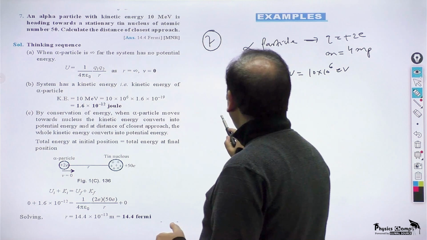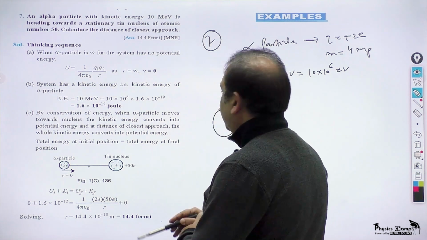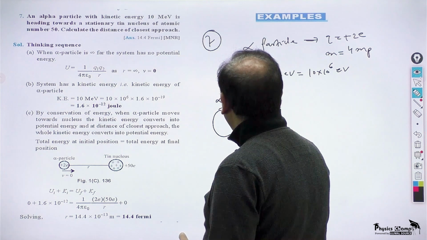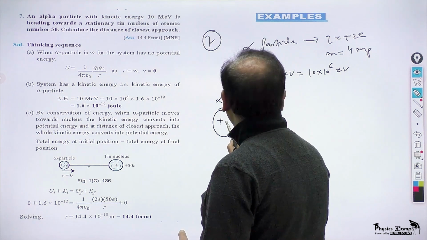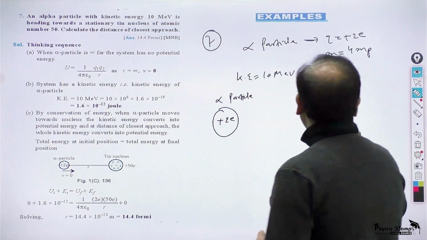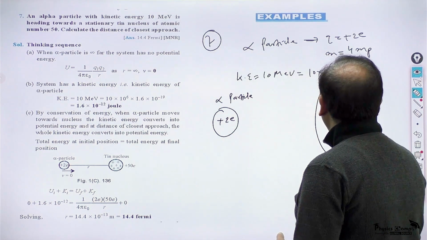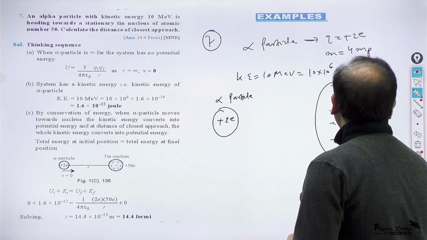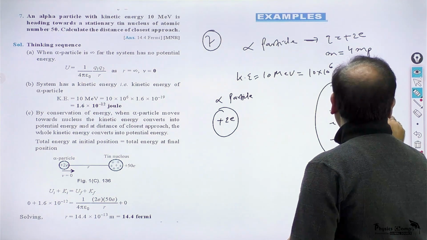So on one side you have an alpha particle which has a charge of plus 2e, and this is heading towards a tin nucleus which has a charge of plus 50e.